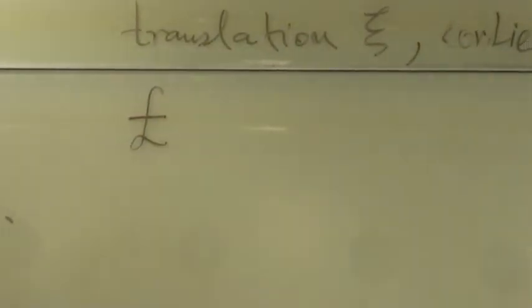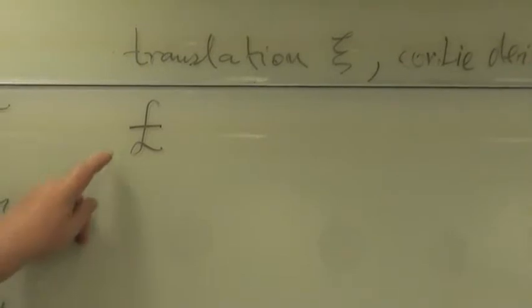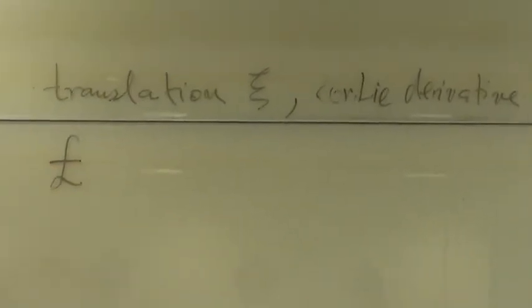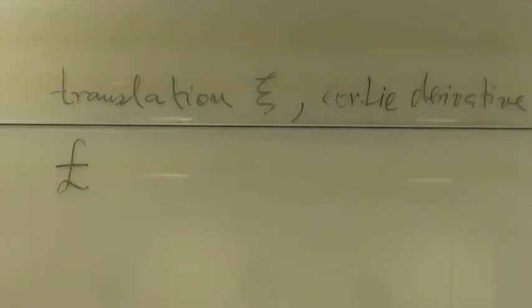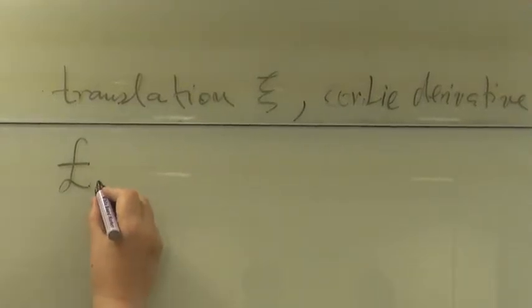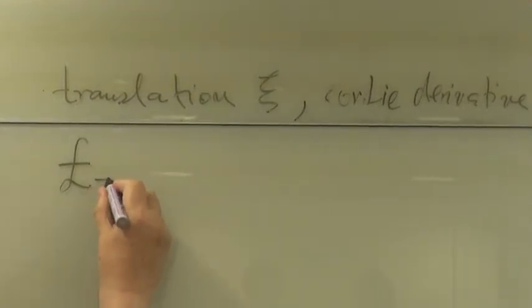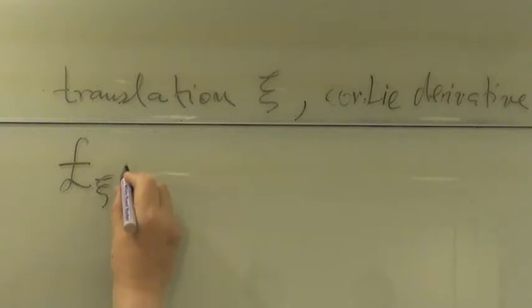L, well, I make this pound sign with a bar. This is the covariant Lie derivative of a tensorial object, or it could be also a connection, with respect to this vector field.